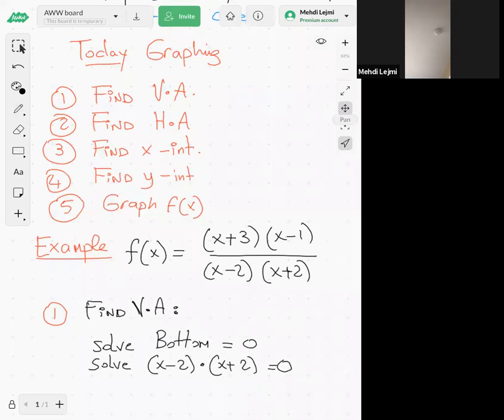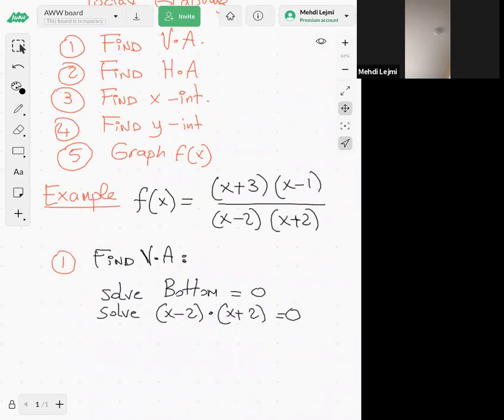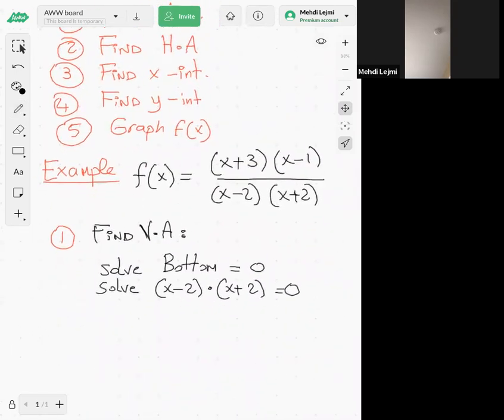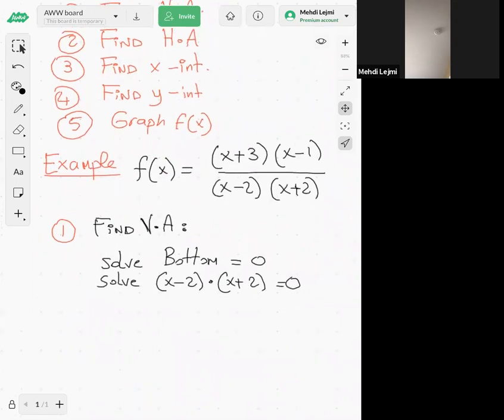This is not really hard to solve because it's a product. So you see, guys, this is a product which is equal to 0. So when you have a product equal to 0, then one of the factors is 0. So either x minus 2 is 0 or x plus 2 is 0.